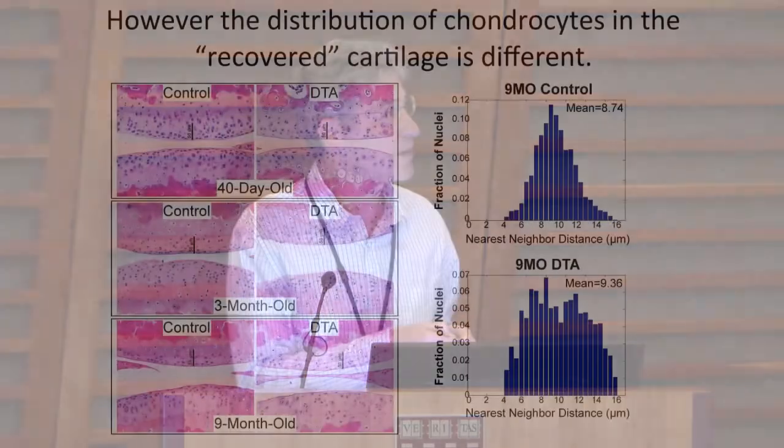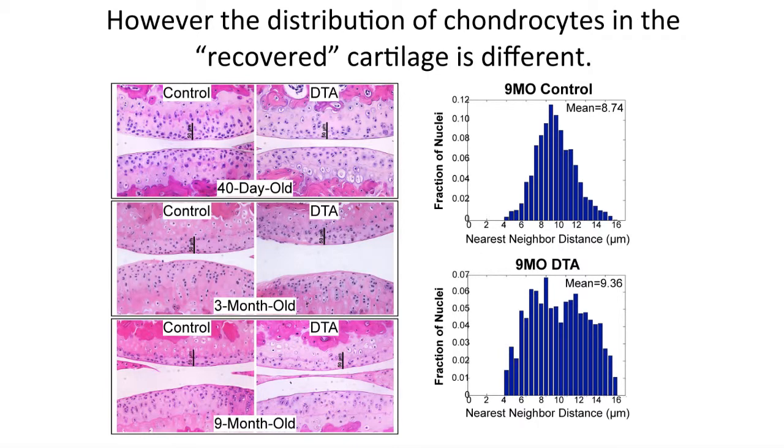In contrast, even though the total number of chondrocytes in the diphtheria toxin exposed mouse comes back to normal, their distribution is no longer normal. There are more cells that are close together. They probably divided and they can't move apart through the thick cartilage matrix. And then there are cells that are further apart because their nearest neighbors that used to be right next to them have died and their next nearest neighbors are further apart.